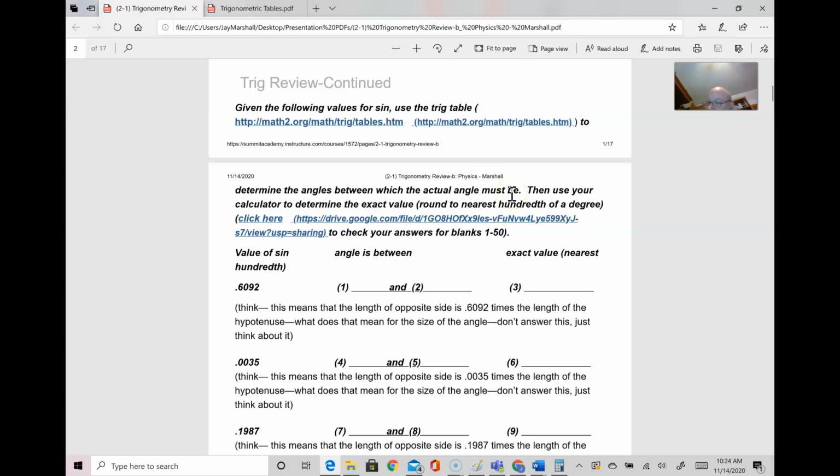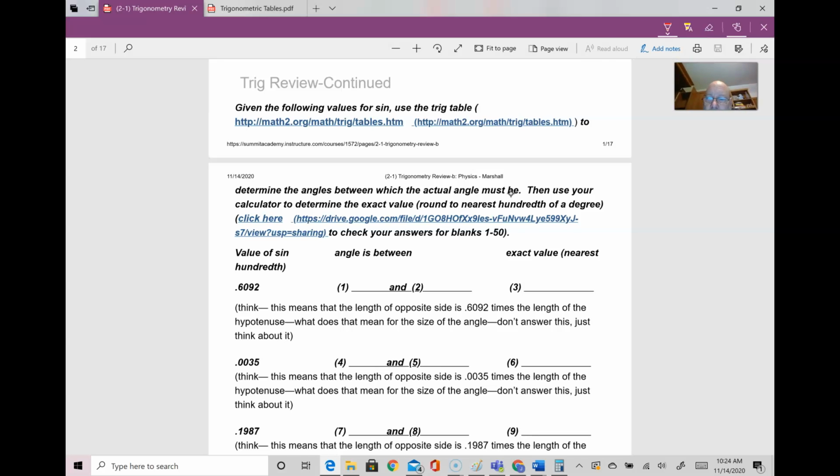And remember, if I define the sine of theta, that's going to be the opposite side of the triangle over the hypotenuse.